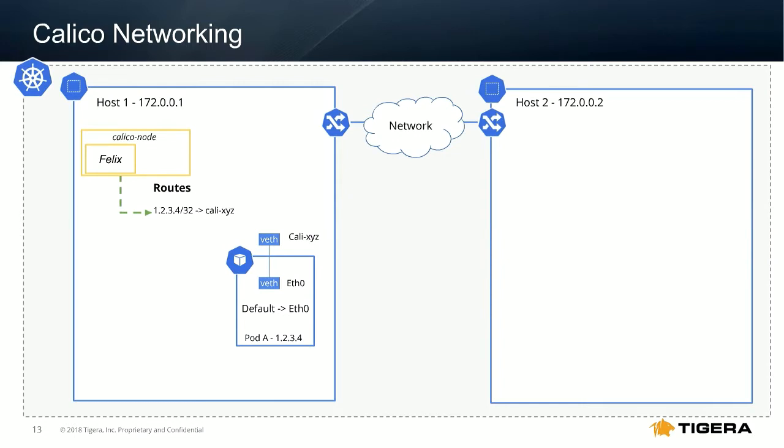And the Calico node agent has something called Felix, where Felix realizes, look, I have a new pod in my node, and I need to create a little route in the Linux routing table that says to reach this particular pod, in this case the pod's IP address is 1.2.3.4, I want to send traffic down the virtual Ethernet assigned to the pod so that local connectivity within the node works.